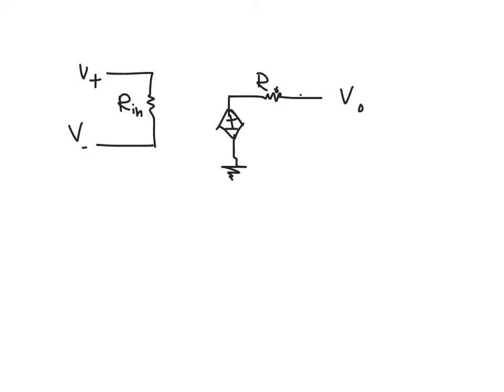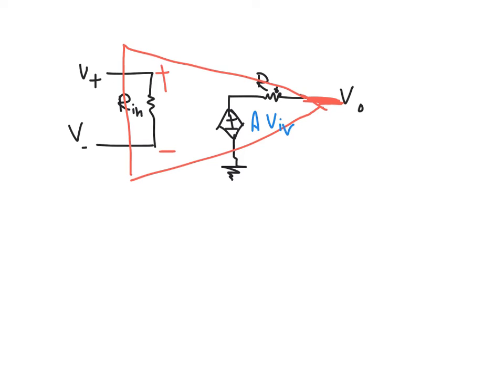This is the output terminal. This could be considered as this symbol here. This plus terminal and this minus terminal are for the inputs, and this is your output here. The value for this voltage source, again, is A times Vn. Vn is nothing but the difference between both of them.